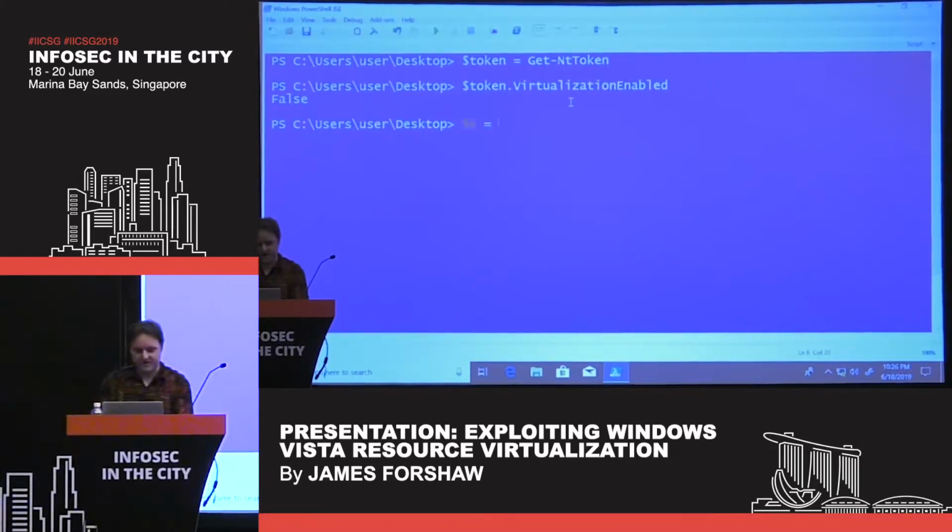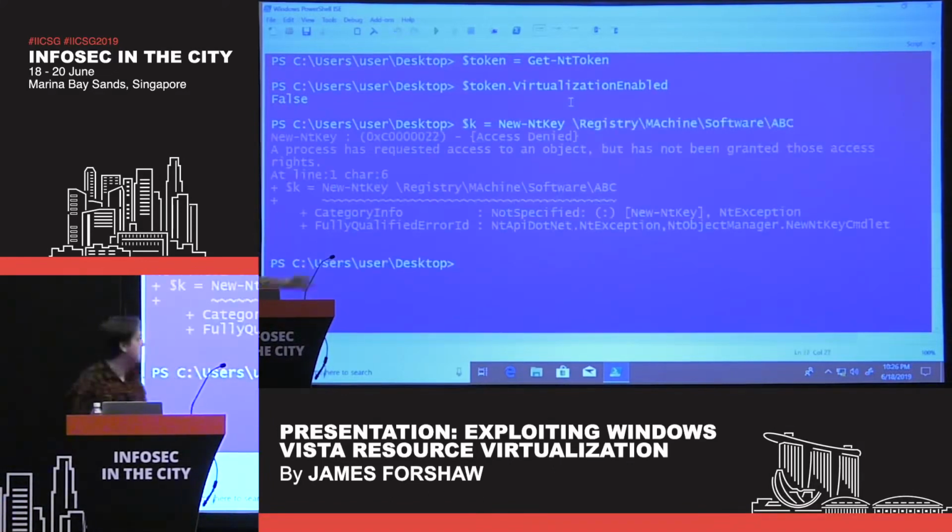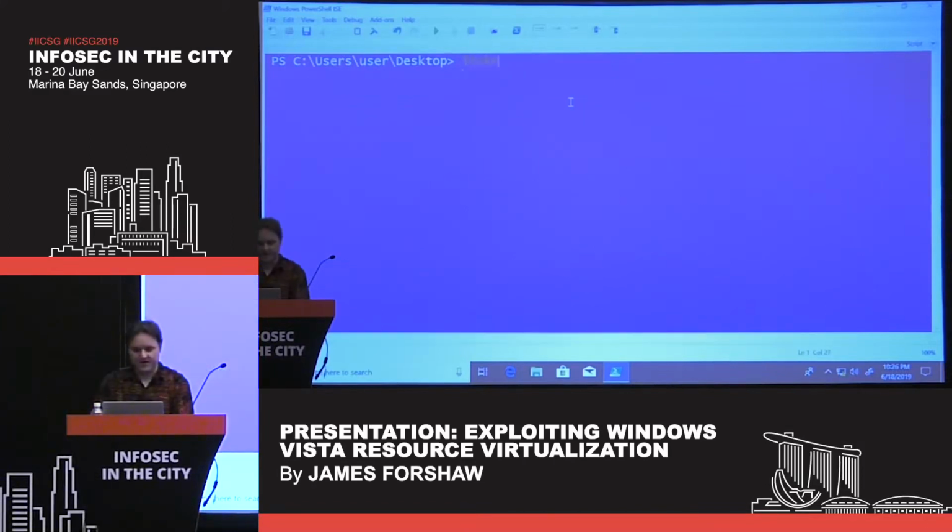And of course, if I try and create a new key in registry/machine/software/ABC, then of course I get my access denied. It just goes, nope, you can't do that. But if I just now do virtualization enabled, this should now actually succeed, hopefully, yeah.